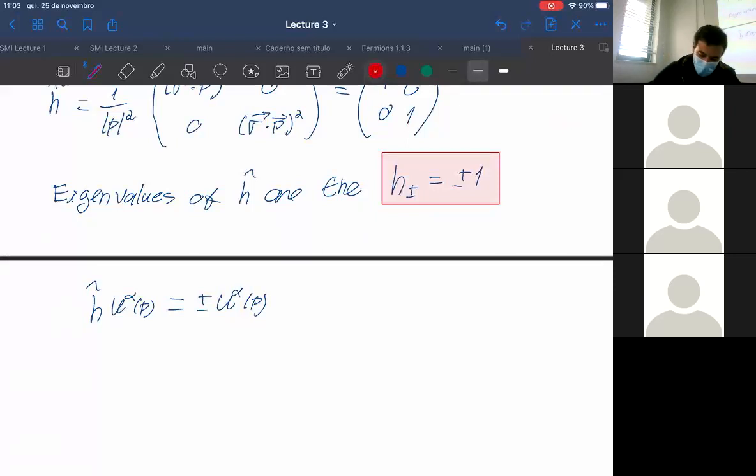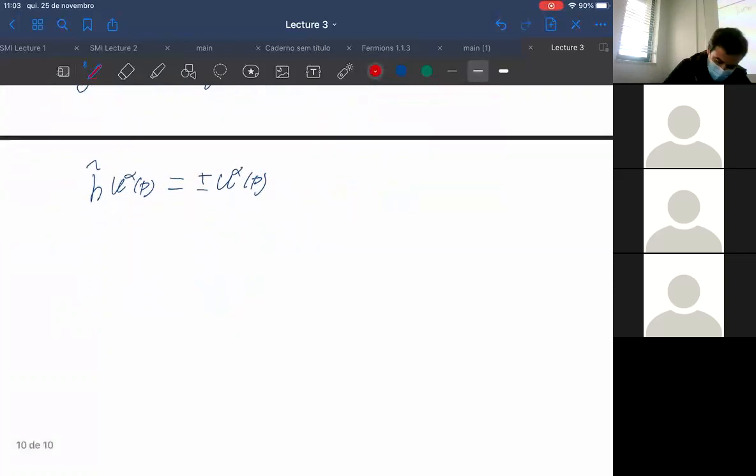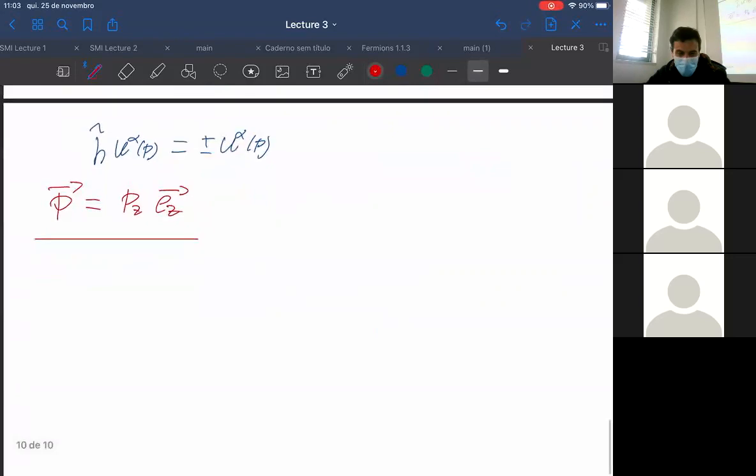To simplify our lives, there is no need to be complicated. Let's just align P with the Z direction, so P along Z. This is just a simplification that I also suggest you do in the exercises. If you prefer not to, it's a different story, but I think it's pointless to complicate your life.